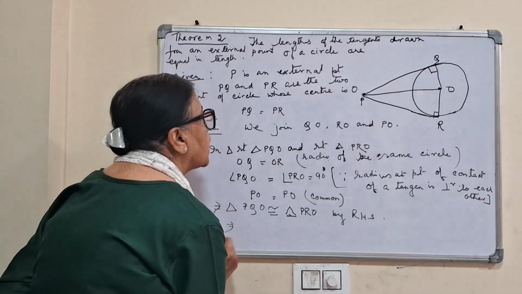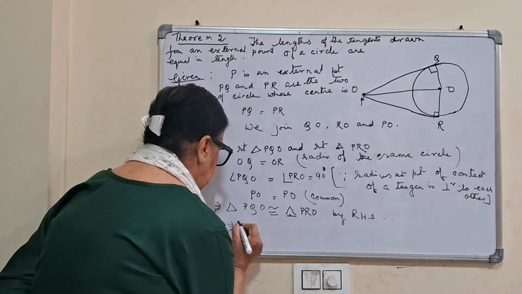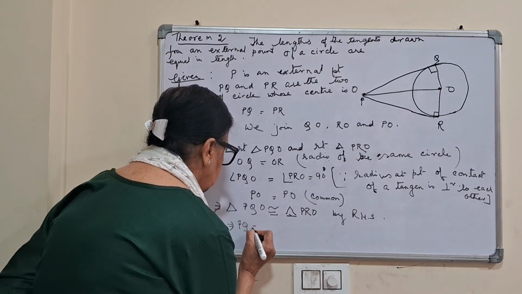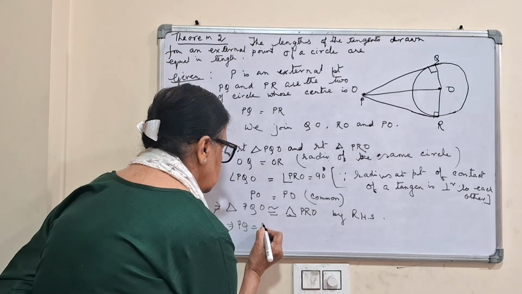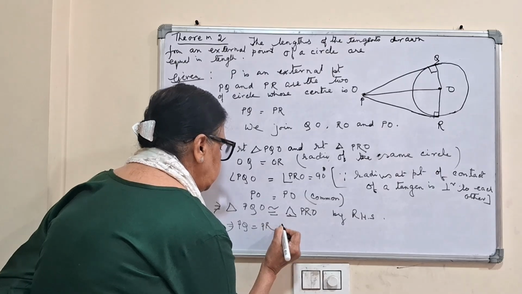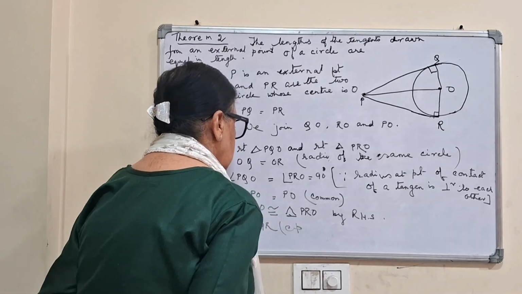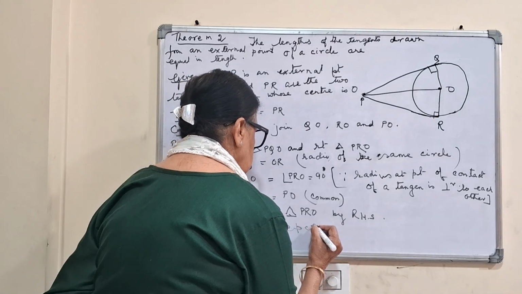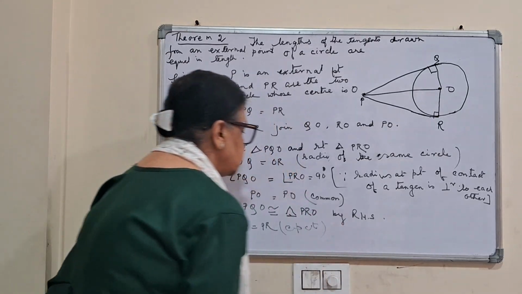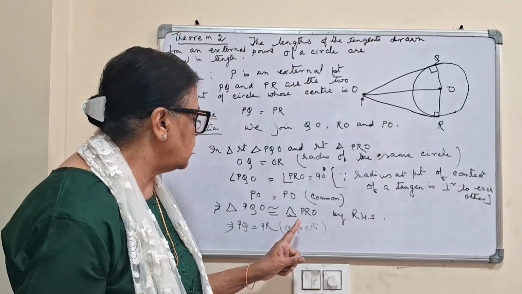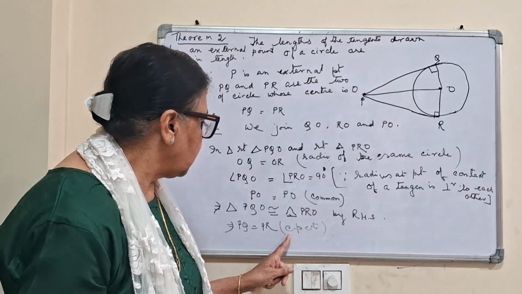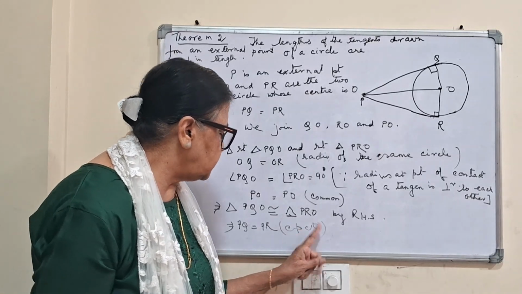This implies PQ is equal to PR by CPCT, congruent parts of congruent triangles.